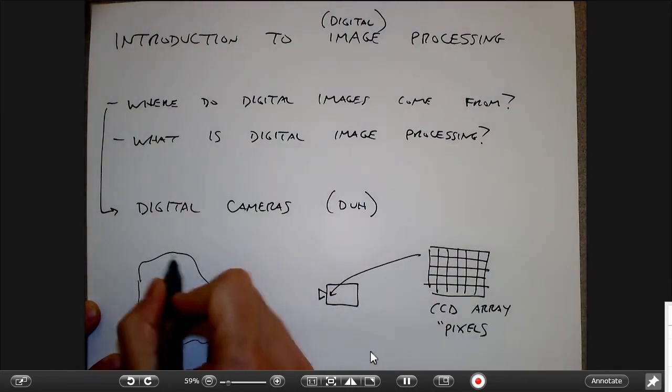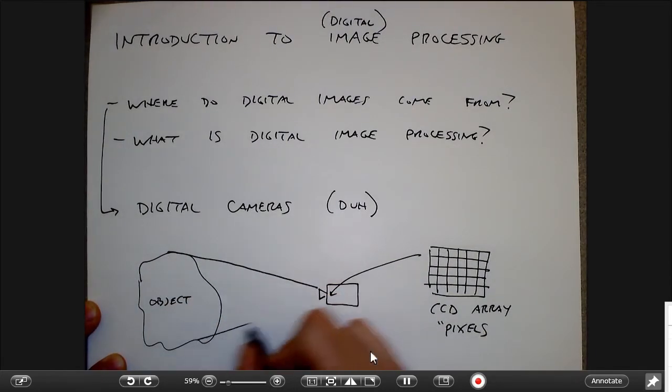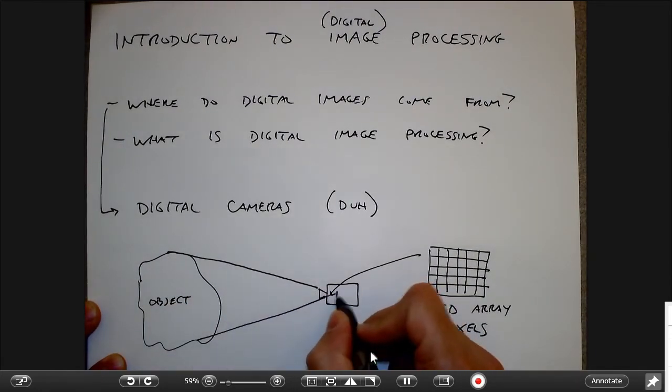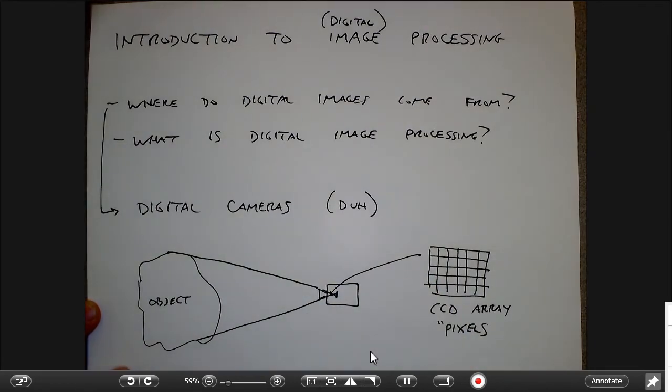And somehow the object comes into the camera and it's imaged onto this tiny CCD array of pixels inside the camera. We're going to talk in a lot of detail about exactly how that process works later in the class. So that's going to be a topic for next week.